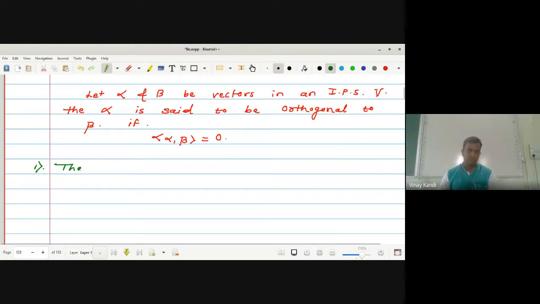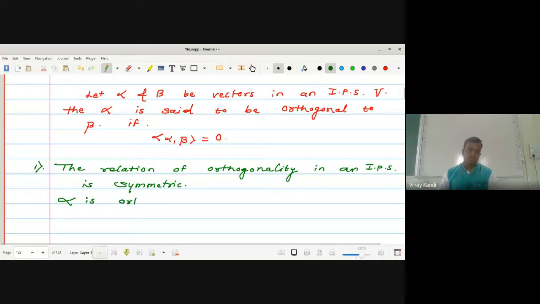The relation of orthogonality in an inner product space is a symmetric relation. That means if alpha is orthogonal to beta, it implies what?